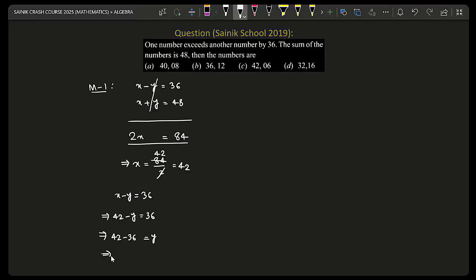So we got y value is 6. So the numbers are 42 and 6. So check, 42 is exceeding 6 by 36 or not? Yes. And the sum of the numbers is 48 or not? Yes. So the numbers are 42 and 6. The answer is C. Mayuk, do you know any other method to solve this question?